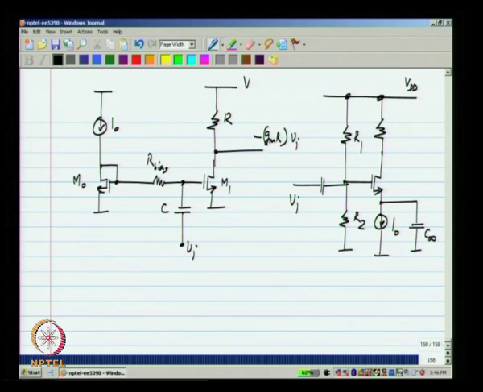This is the supply voltage. The output will be again minus GMR times Vi. The signal is AC coupled to the gate. So, these are different biasing strategies. You can have even other types of biasing if you wish to have that.